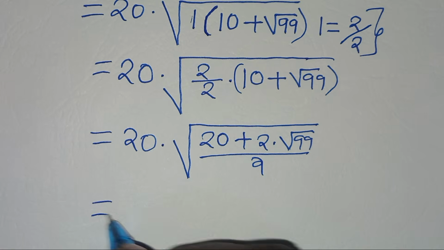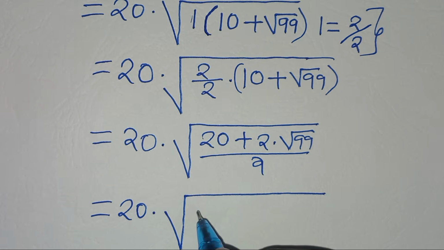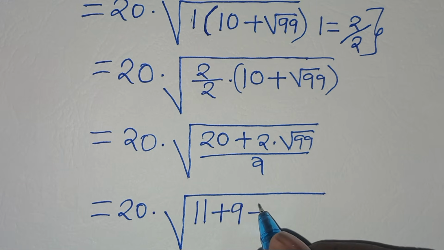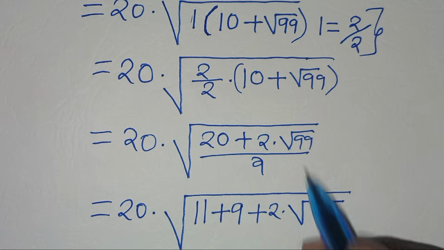So we have 20 multiplied by the square root of, we can express 20 as 11 plus 9 plus 2 multiplied by the square root of 99.